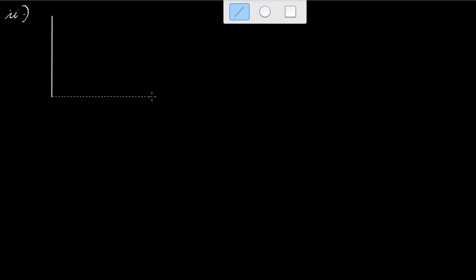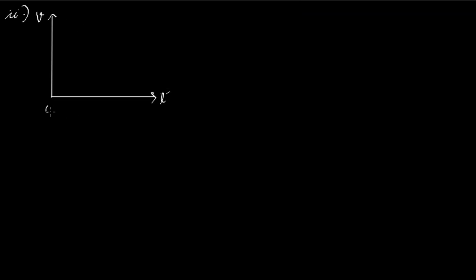Number 2. Let's see now. Okay, we are going to draw similar graphs to the one that we drew before. So if the graph is like this, then theta here is constant.